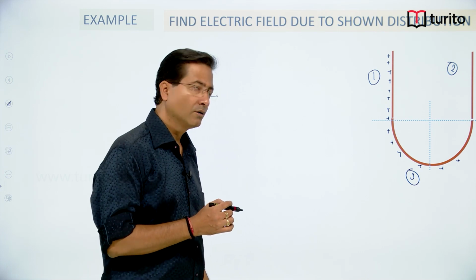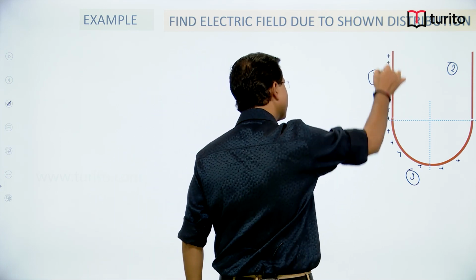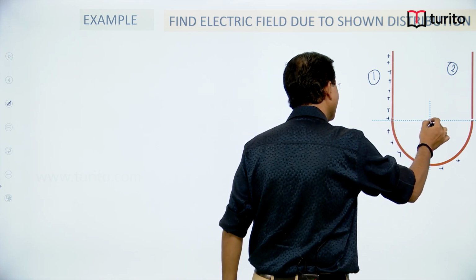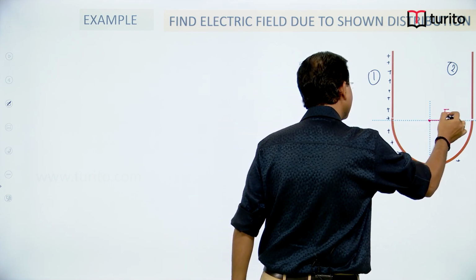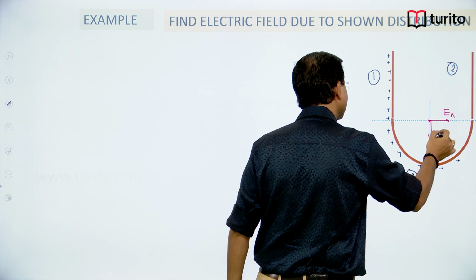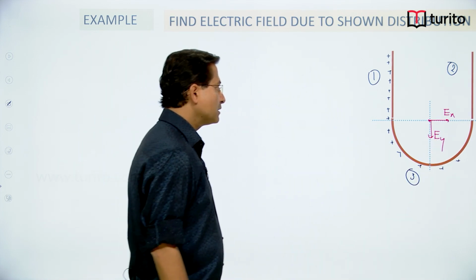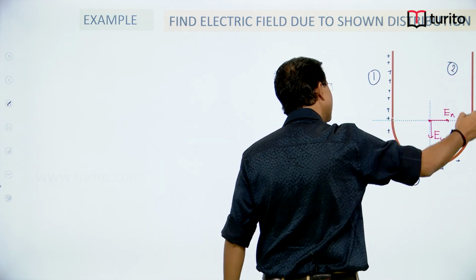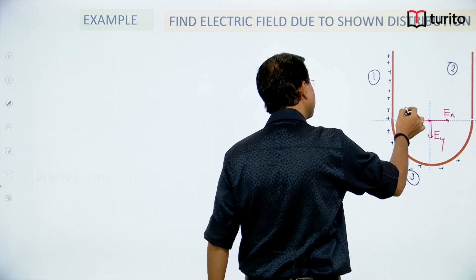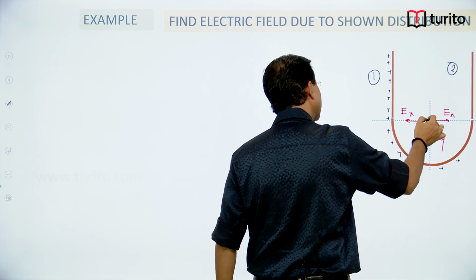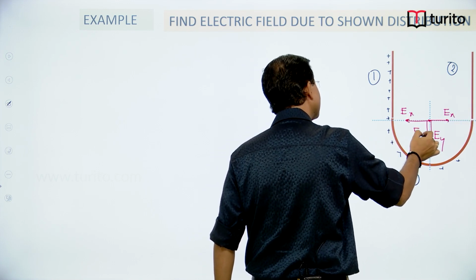Now, this one will have one x component and another y component. Similarly, this will have one x component away from the distribution and another y component parallel to the distribution.